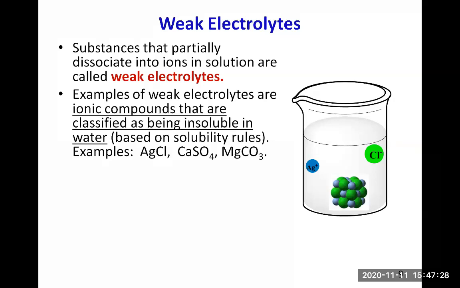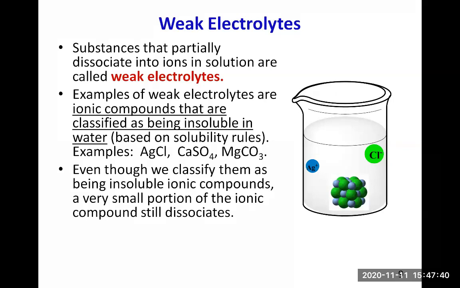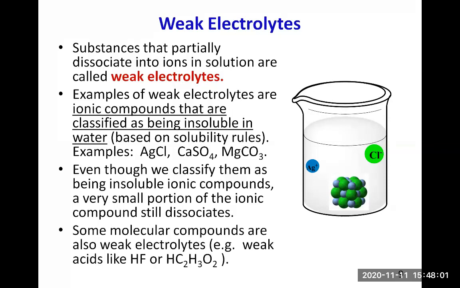Calcium sulfate and magnesium carbonate are all considered insoluble according to the solubility rules, and they will be weak electrolytes. Because even though we classify them as insoluble ionic compounds, a very small portion still dissociates. So there are some ions floating around, very few compared to the strong electrolytes, but there are some. So that's why we call them weak electrolytes.